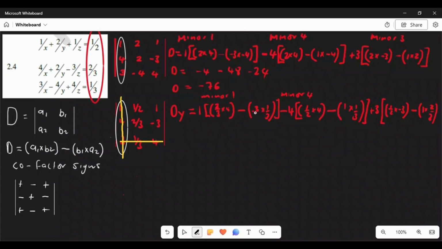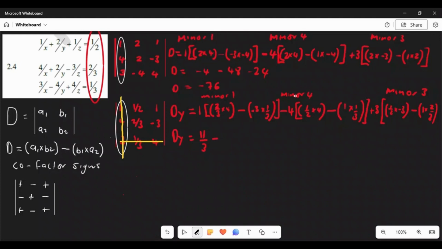Be very, very careful when you put this on your calculators, because it's easy to make mistakes here. So dy in this case is going to be what? Let's start with the minor. By the way, I almost forgot, the minor is 3. So we start by getting the answer for the first minor, which is 11/3.